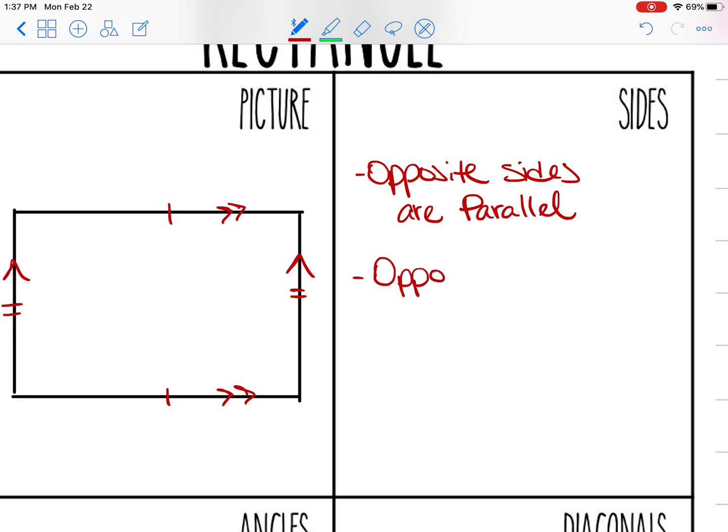And they're congruent. And if they're congruent, it still works like this, part equals part. Okay, that's all there is to side lengths. Nothing new there.